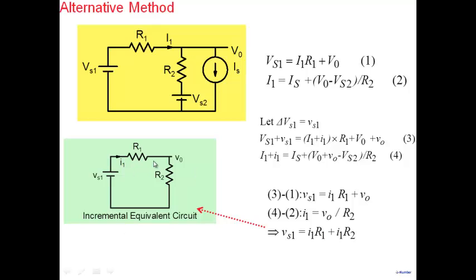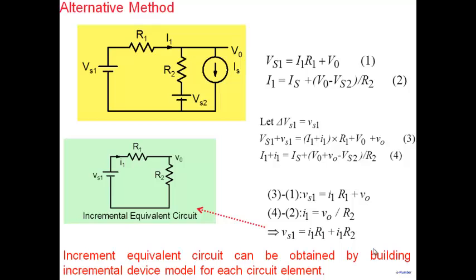How do I obtain this particular circuit? I've shown you this particular method, and let me generalize and say that I obtain this circuit by building an incremental model for every element. Every element in the circuit that you have, if you build an incremental model, you get an incremental equivalent circuit. And that circuit can tell you that if you change something in one part of the circuit, what will happen in another part of the circuit.